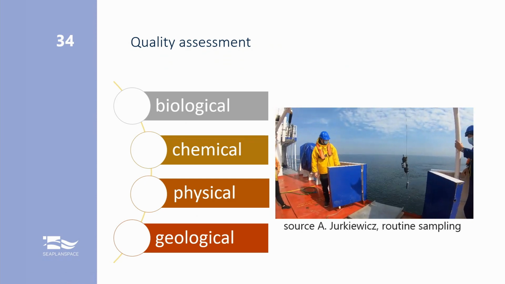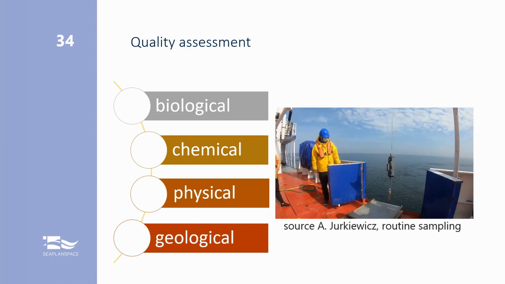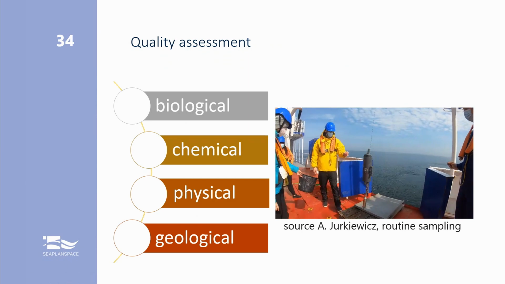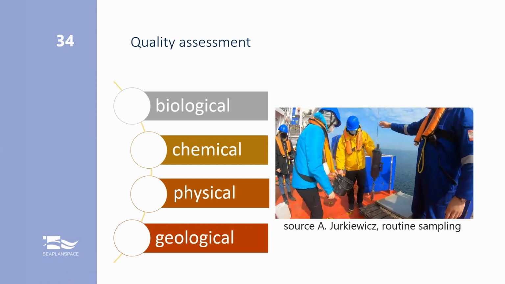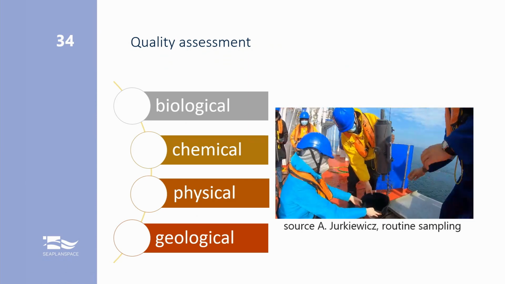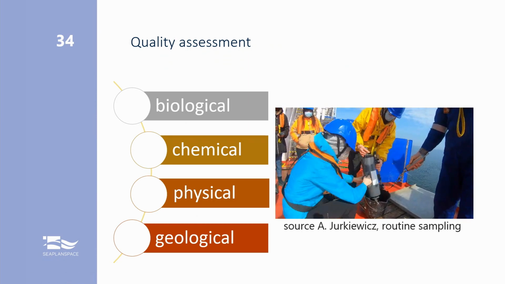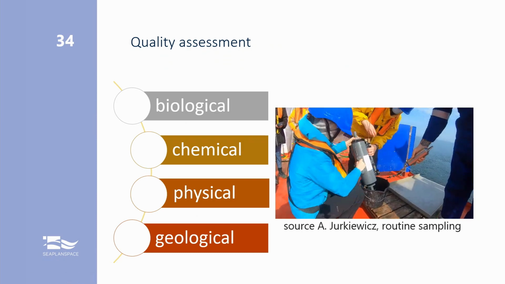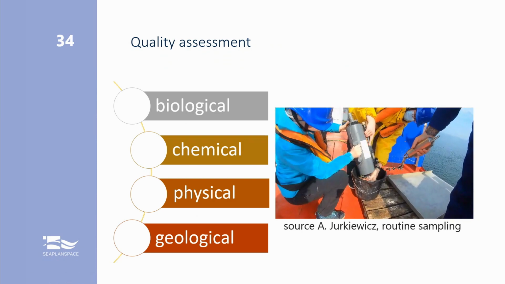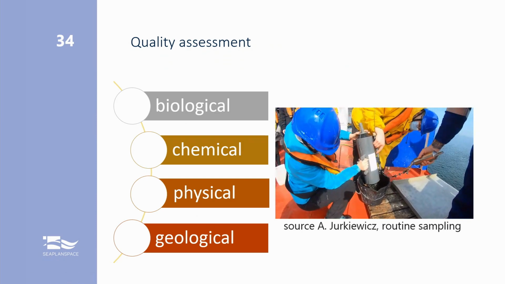That has to be used as a base for sustainable use and management of natural resources. We have various ways of quality assessment, and this includes biological, chemical, physical, and geological assessment. And for each of them, we need actually to sample raw, we need to get the data.